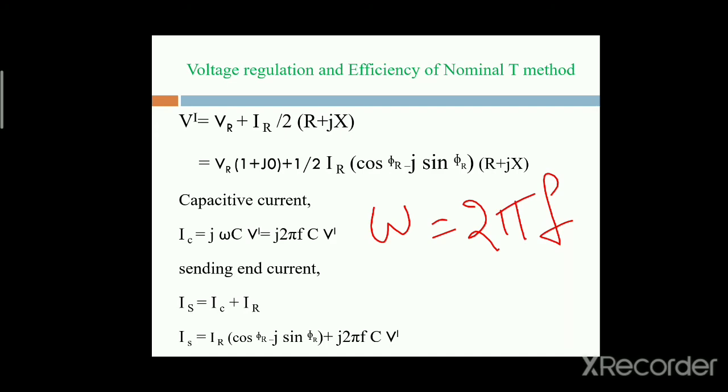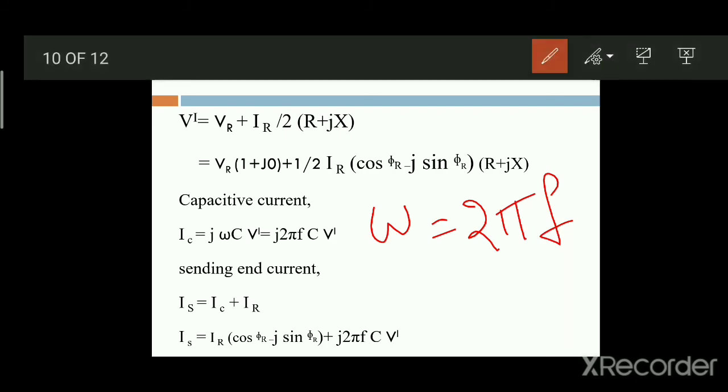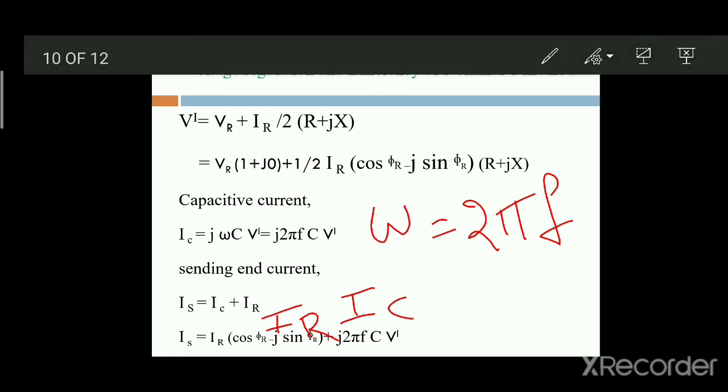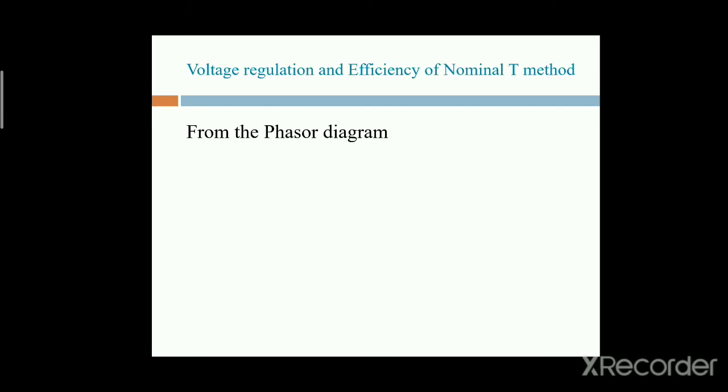Therefore, substitute the IC and IR values. Then IS is equal to j 2 pi f C V dash plus IR into cos phi r minus j sin phi r.